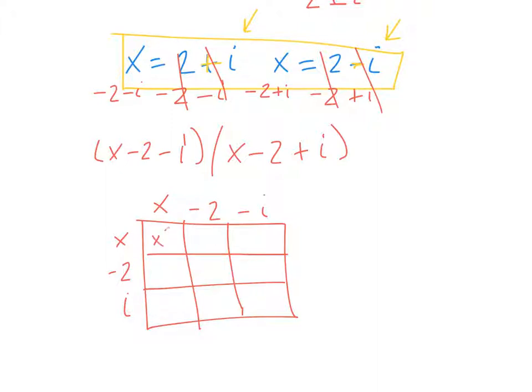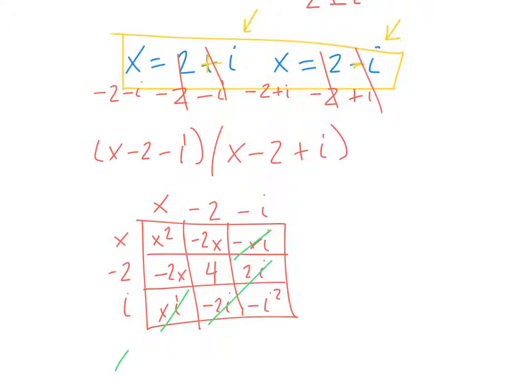I'm going to have x squared here, negative 2x, negative xi, negative 2x, positive 4, positive 2i, xi, negative 2i, and negative i squared. Now if you notice, the 2i's cancel and the xi's cancel.